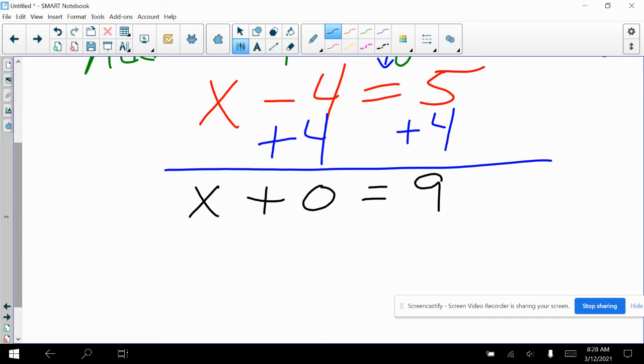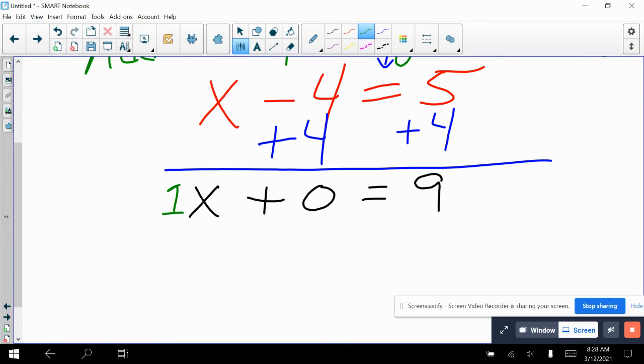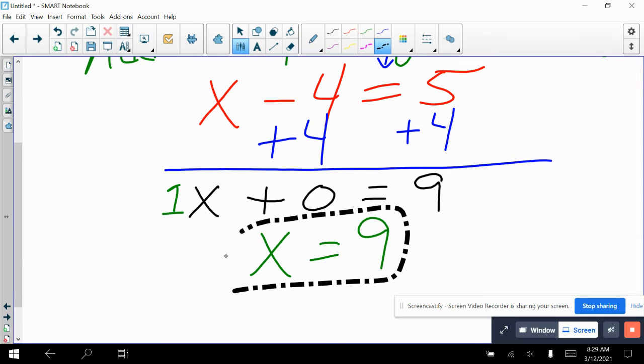Okay, obviously we have an imaginary 1 out here, right? So 1x plus 0 gives us x. And our solution then is 9. So far, so good? Pretty simple, right?